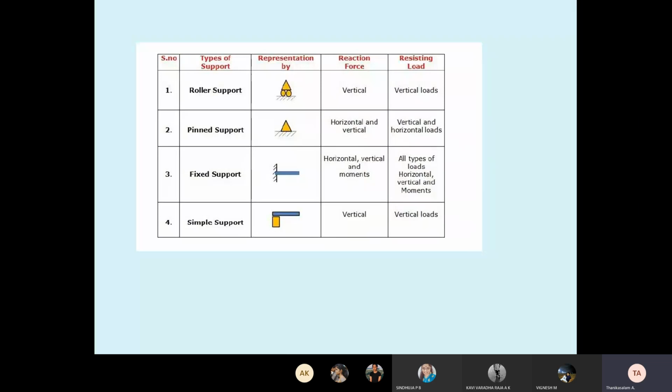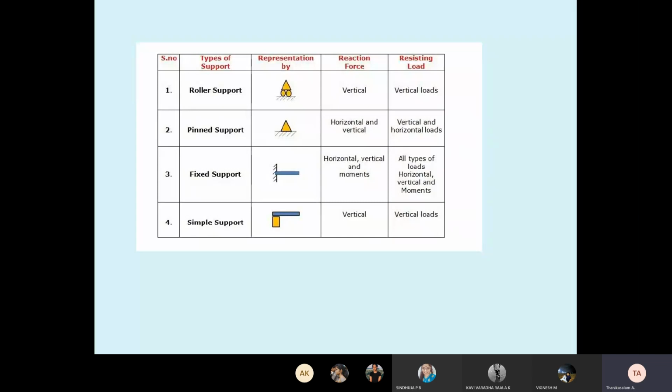Pin joint. Fixed support: we fix a beam on a wall, or a nail, we are touching on the wall. What is the name for that? We are fixing a hanger on the wall. So fixed support.